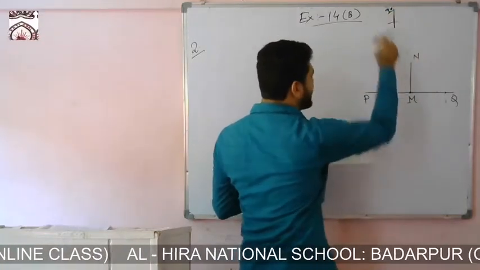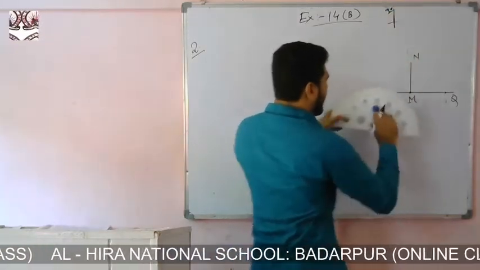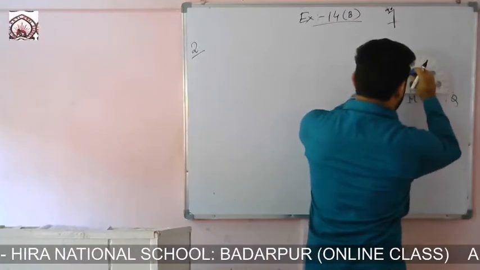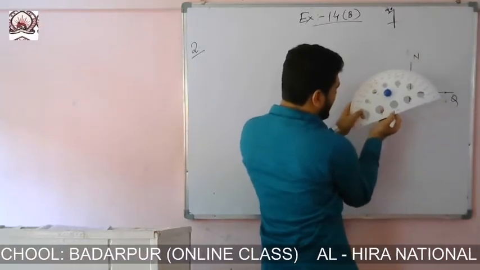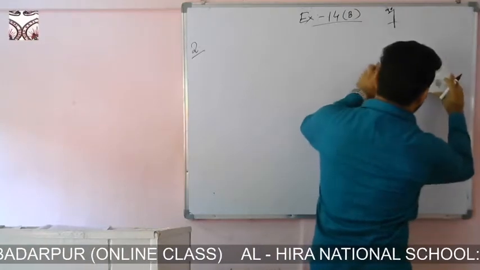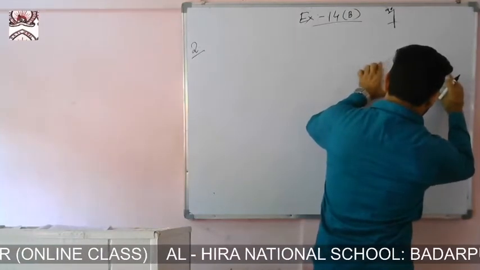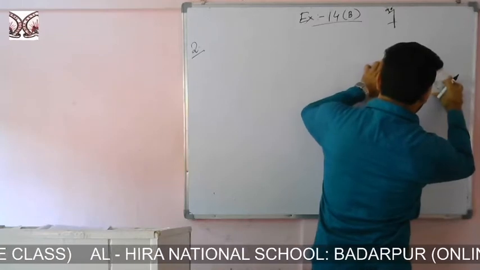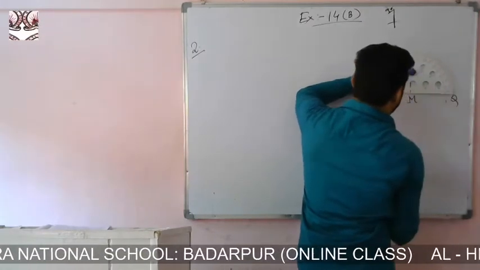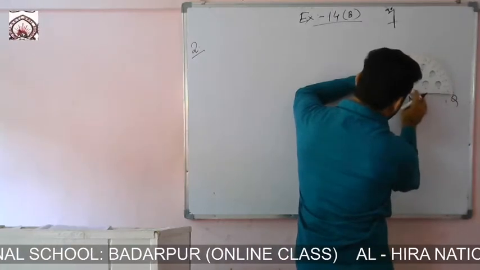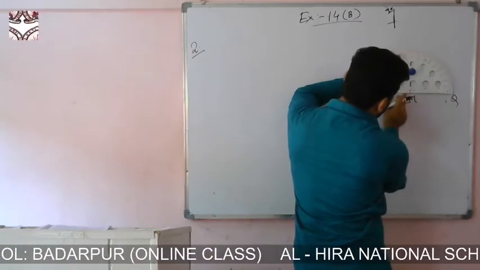Match this line with the point M. You place the red indicator here, and in your protractor you will find a 90 degree line is drawn. Place the 90 degree line and check at the point M.